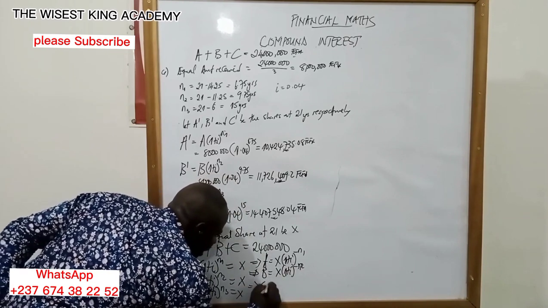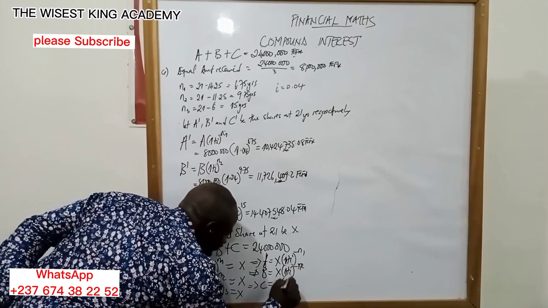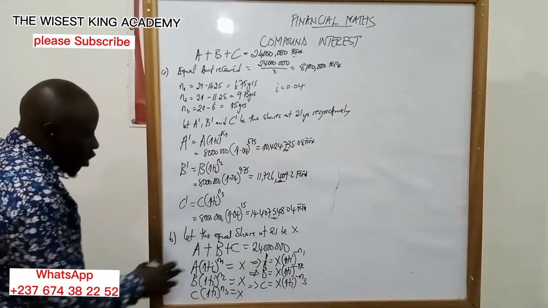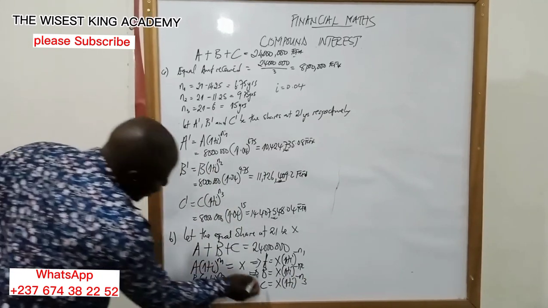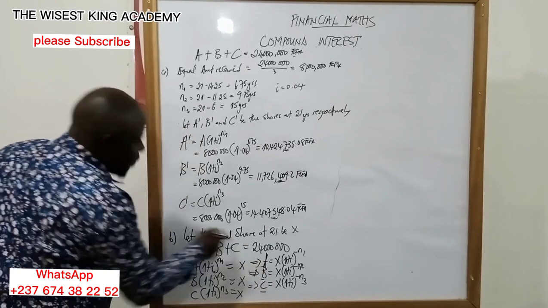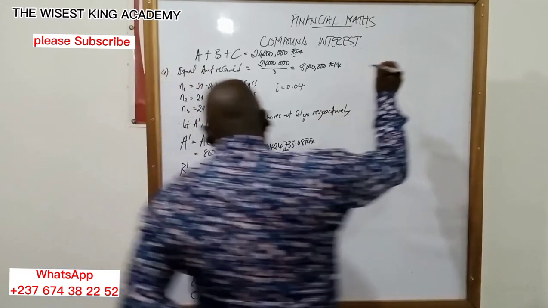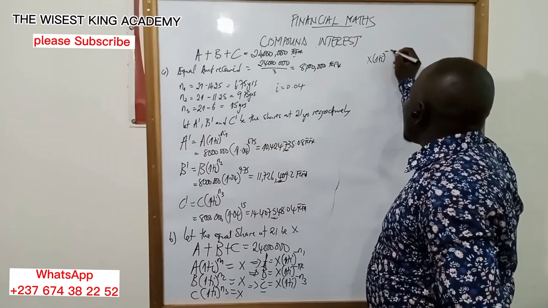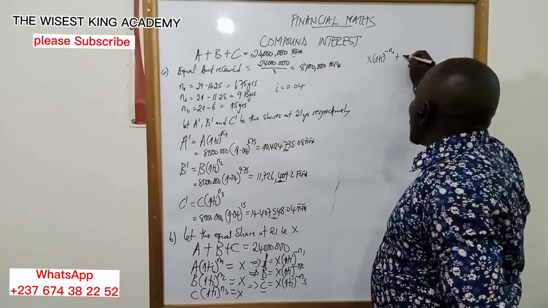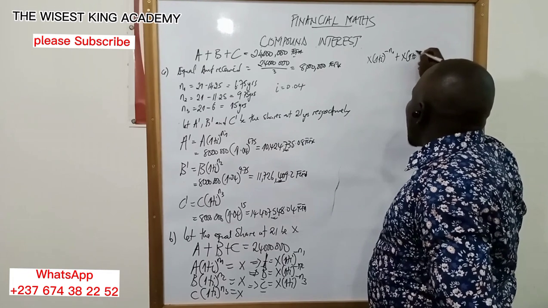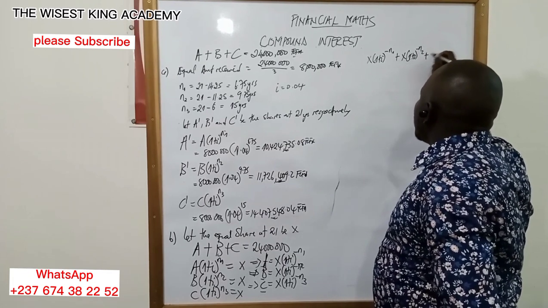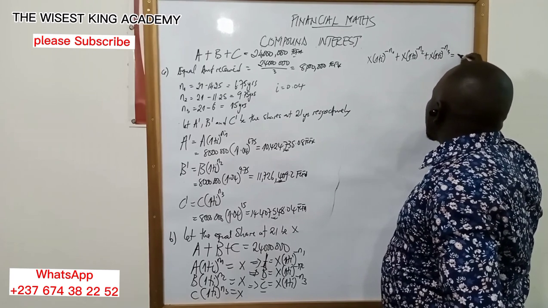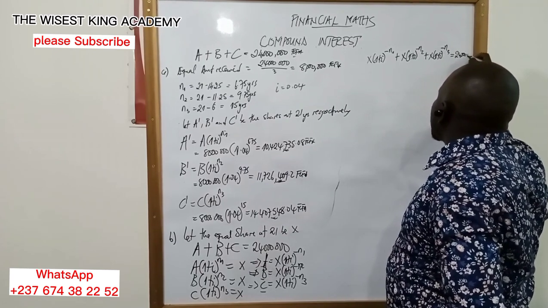And C will be equals to X into 1 plus I raised to the power negative n3. And remember, if we sum all of those things, which is actually A, B, and C, it must give us 24 million. Let me write this way. So it therefore means that X into 1 plus I raised to the power negative n1 plus X into 1 plus I raised to the power negative n2 plus X into 1 plus I raised to the power negative n3 must give 24 million francs.